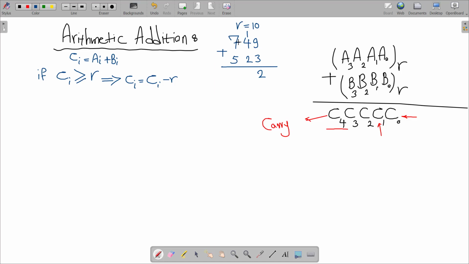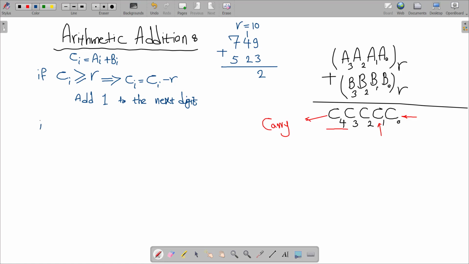And 1 is added to the next digit. So I subtract R from Ci and add 1 to the next digit, like this one.